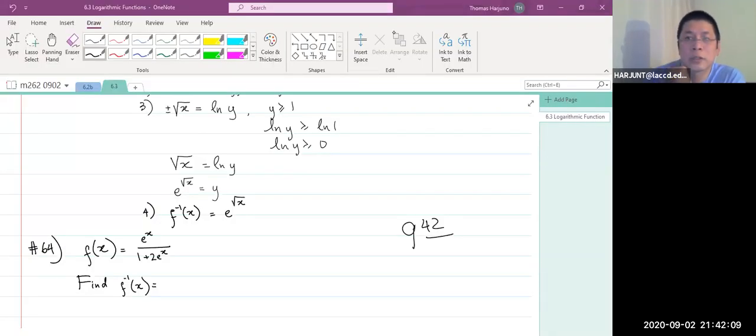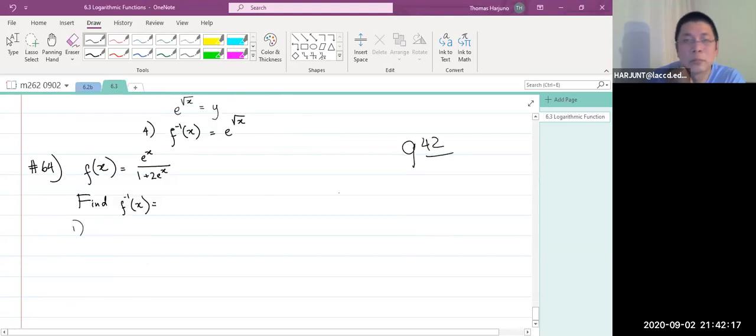Okay, let's start. Step 1. Oops. So solution. Step 1, I change the f(x) to y equals e to the x over 1 plus 2 e to the x.